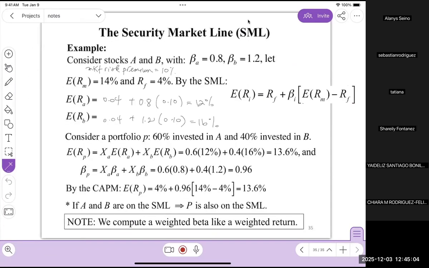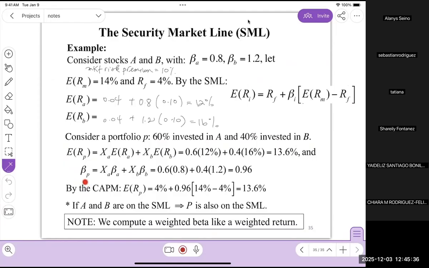So let's see. Here's the information. We're going to create a portfolio P, 60% in A and 40% in B. Because there's more A than B, it's going to be closer to A on the security market line. We could calculate both the expected return and the beta as a weighted average. So this is a weighted average of them, and you get 13.6. You can check all these numbers later, or if you haven't already.